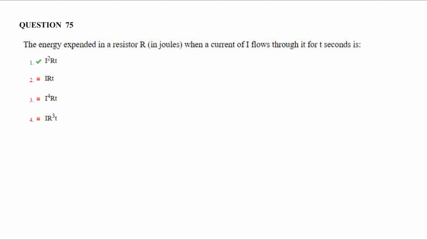Next question, the energy expended in the resistor R when a current I flows through it for a time t is.